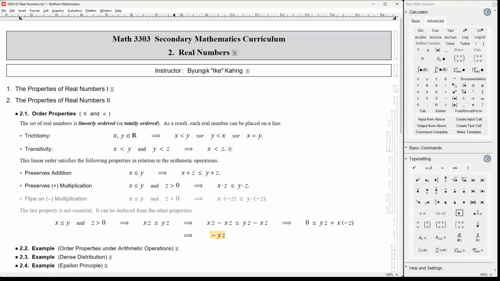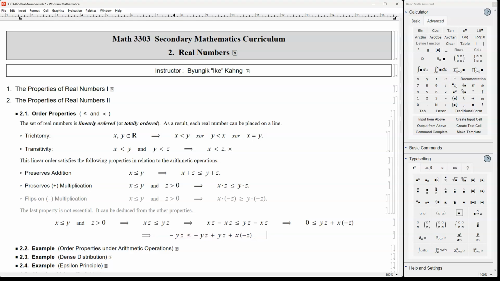So negative yz plus yz plus x times negative z. Okay, all right. And then these two will be 0.